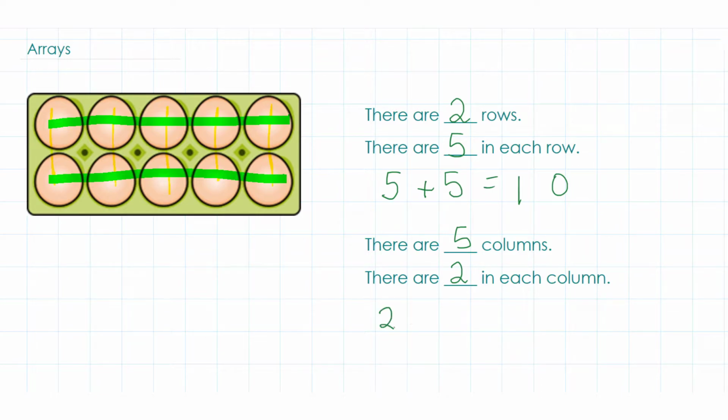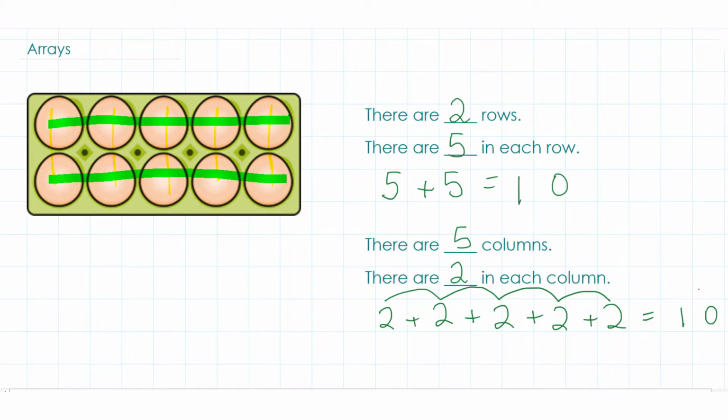It's 2 plus 2 plus 2 plus 2 plus 2, which is equal to, well, we can count in 2s, can't we? 2, 4, 6, 8, 10. There are 10 eggs altogether. And of course it's the same because it's the same total of eggs. And we also spotted that the numbers are the same. 2 and 5. 5 and 2, just the other way around.